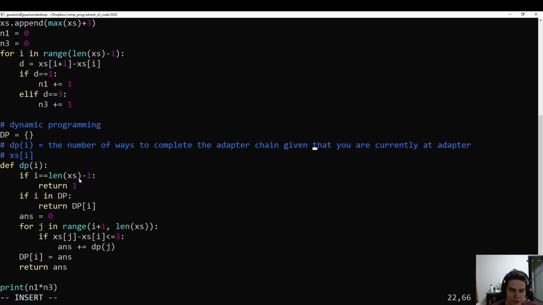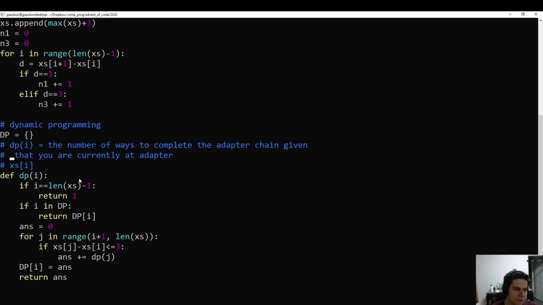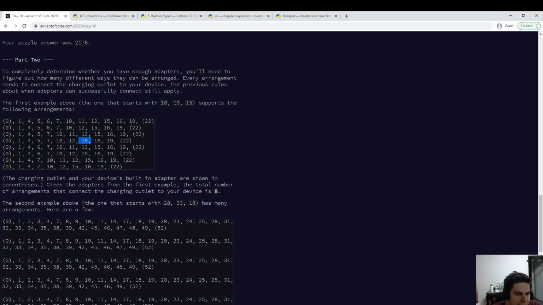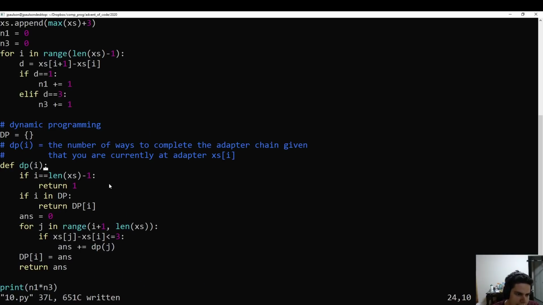This is an extremely concrete definition. Clearly this function exists: if you're at 15, there's some number of ways to get to 22 from 15. That's what dp(i) is counting.